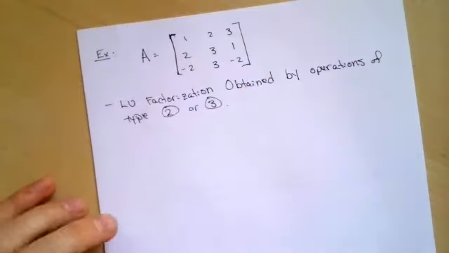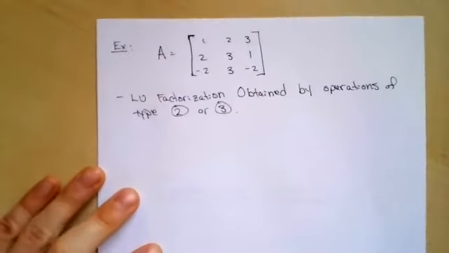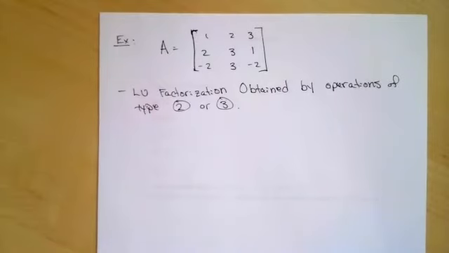So no switching rows. If we just keep all the rows the same and then take scalar multiples, and scalar multiples plus other rows, we can obtain an LU factorization.